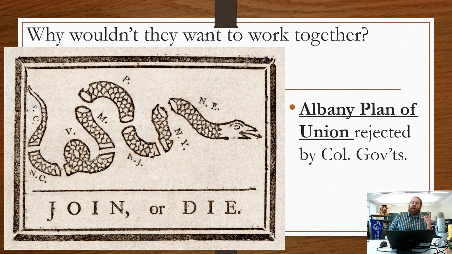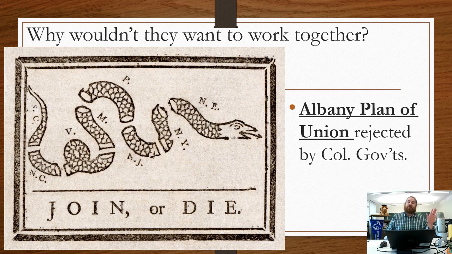And so he proposed the Albany Plan of Union, and he created this very famous image, also widely considered the first political cartoon in what would become the United States. His message was simple: either the colonies join together and fight, or they will not be successful in this war. The colonial governments rejected this plan. They didn't want to work together.